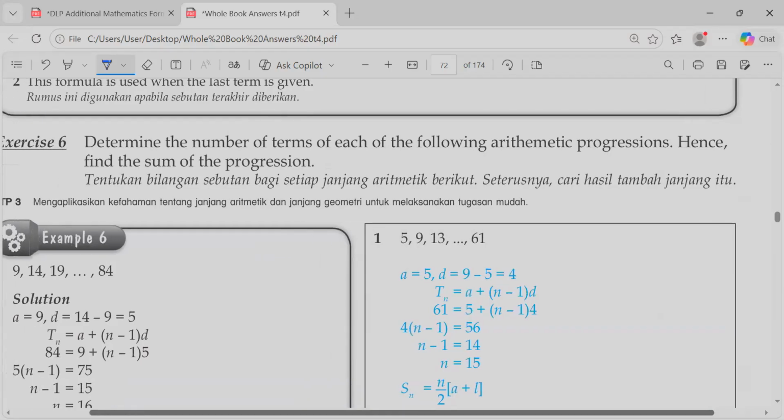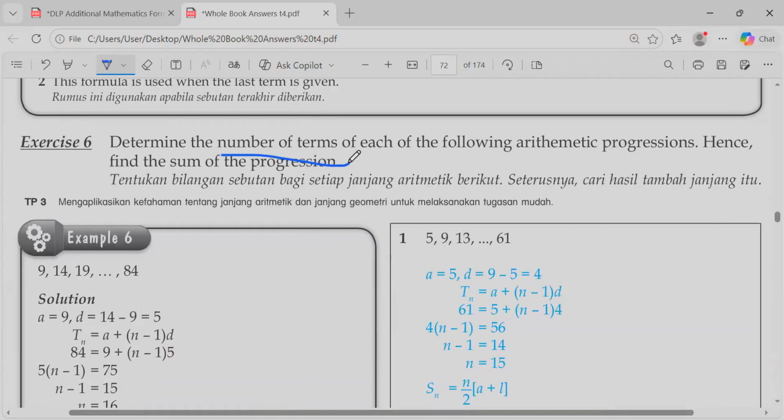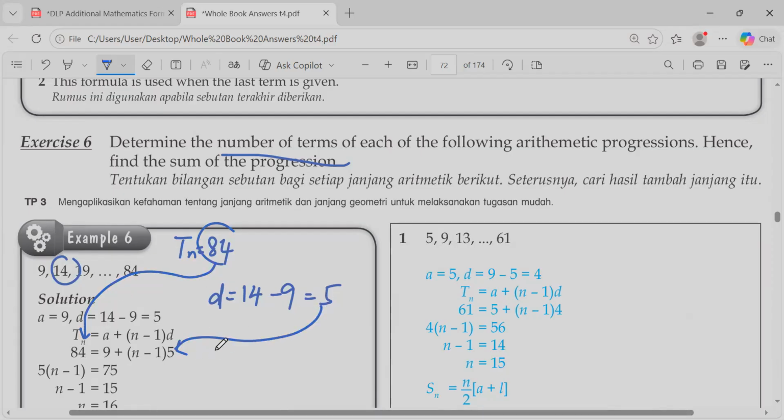Okay, look at the question. Determine the number of terms. So the first thing, Tn is equal to 84. So a plus n minus 1 d. Substitute the d first. d is the current term minus the term before, I get 5. After you get 5, and then 84, substitute 5 inside.